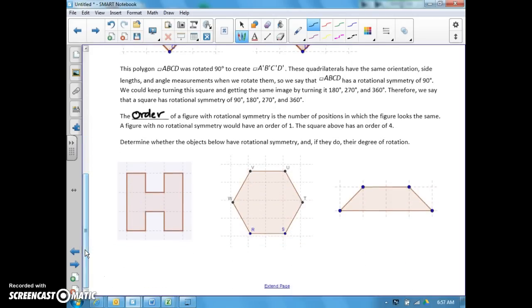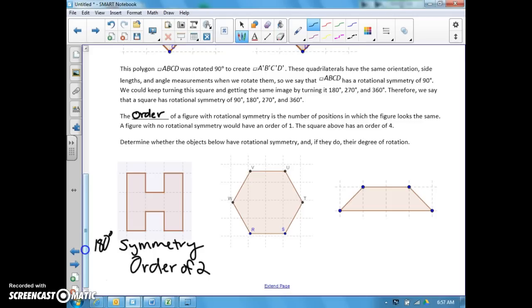Here, H, this shape has 180 degree symmetry, and it has an order of 2 because I can only flip it twice and still make it look like itself.